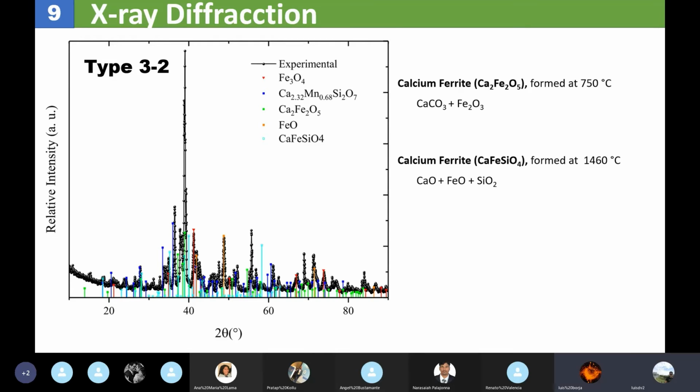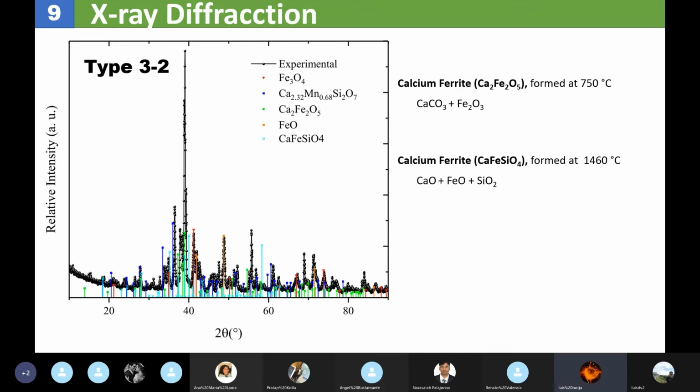In the case of the type 3.2, we also detect hematite, magnetite and wustite, calcium silicate, calcium ferrite and calcium iron silicate. Calcium ferrite is formed at 750 Celsius degrees by the reaction of calcium carbonate plus hematite.